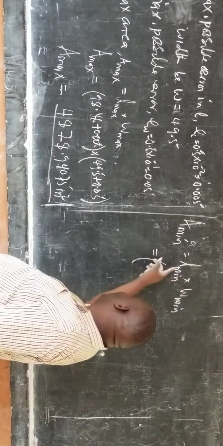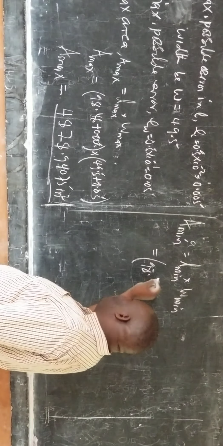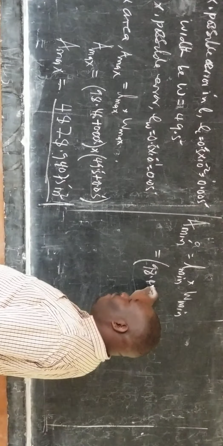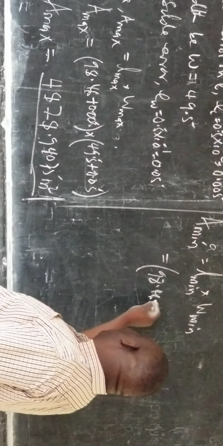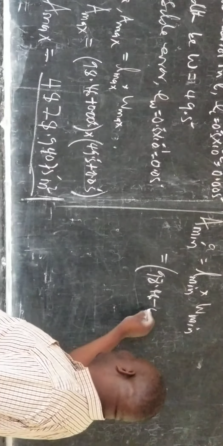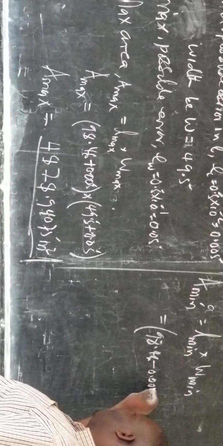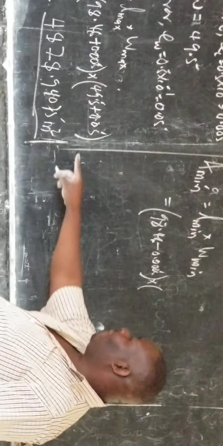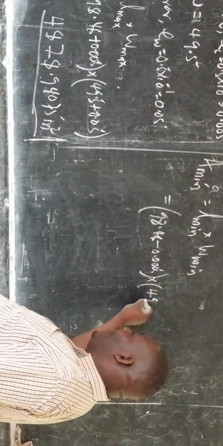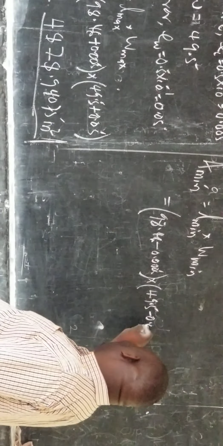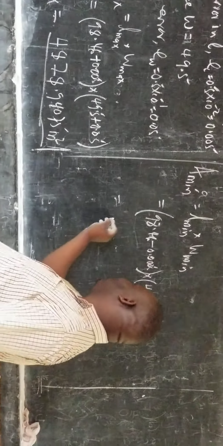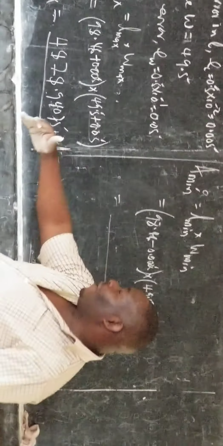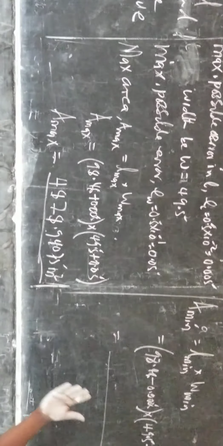So minimizing the length, it is 98.46 minus 0.005, times we also minimize the width, 49.5 minus 0.05. Then we get the minimum area. So it is about maximizing and minimizing. After getting the maximum area and the minimum area, then you can get the interval.